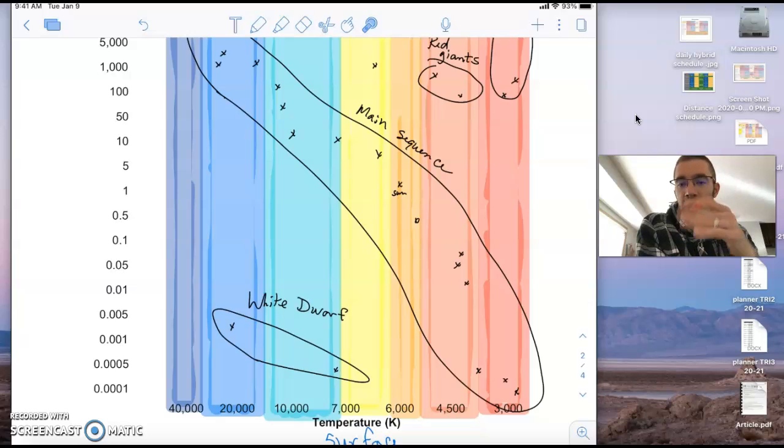So the relationship is the cooler the color, the warmer it is, which is confusing to us. Typically when we think of temperature, we think warm colors like red and orange are hot, because of all the visuals that we see. A flame is red, so it should be hot. But the warmer the temperature, the cooler the star is.